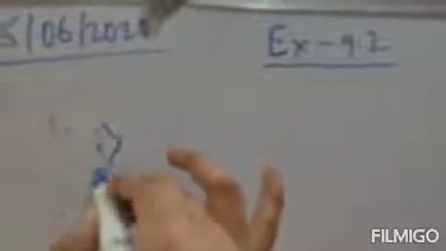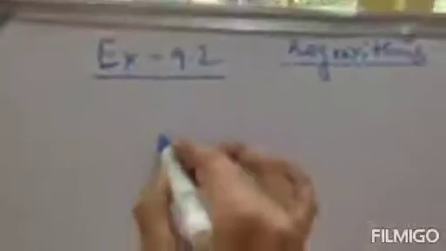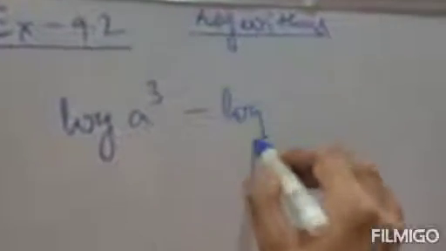So, first question from exercise 9.2, question number 1: log a to the power 3 minus log a to the power 2.